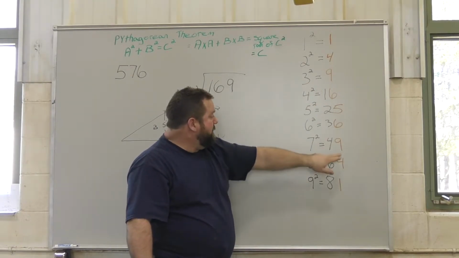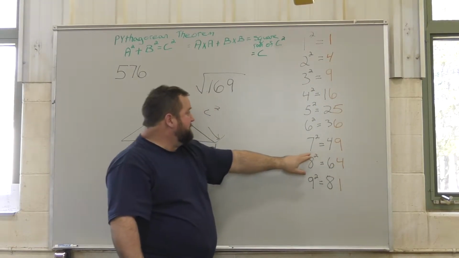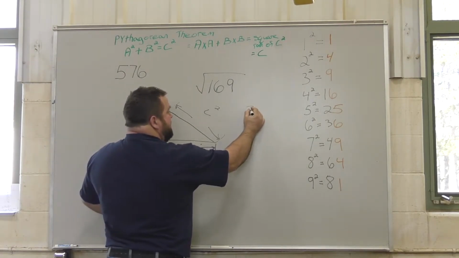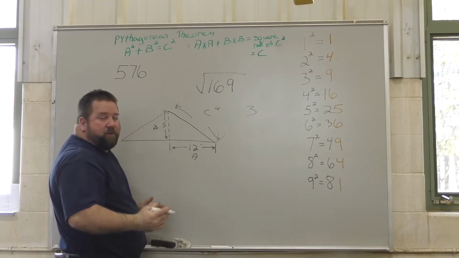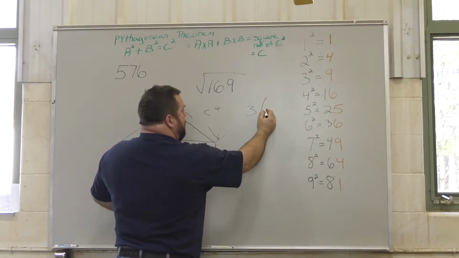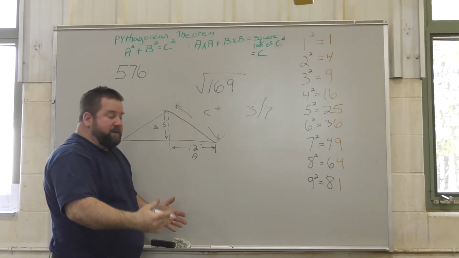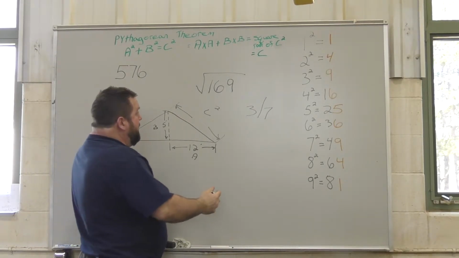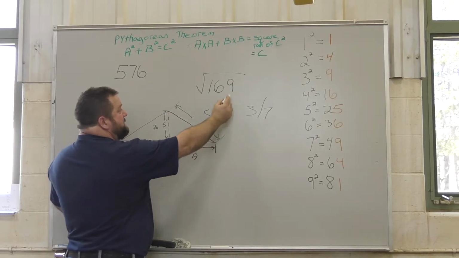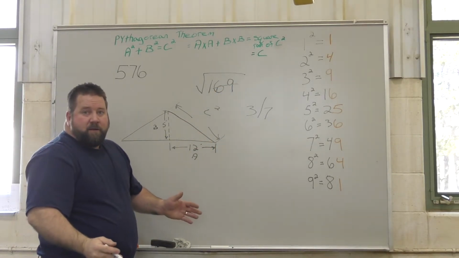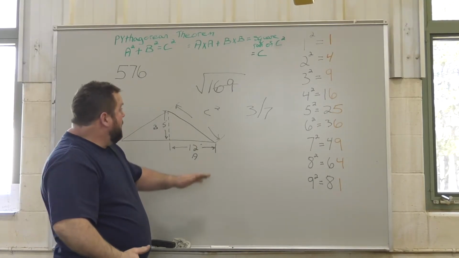Well, 3 squared, and we also have a 9 down here in 7 squared. So your answer is either going to have a 3 or a 7 as the very last number on the right. And then we're going to cross out the last two numbers. Okay? So this will make sense as we go along.